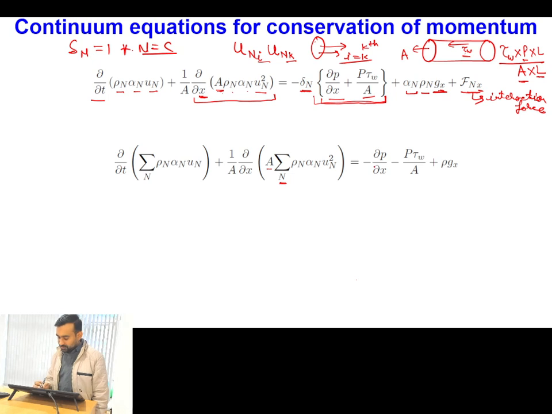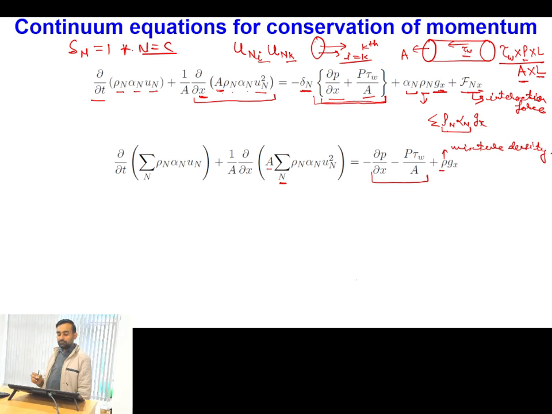So this term will be applicable only for the continuous phase, so it will come once here, and the summation of all interaction forces will be equal to 0. From this term I will get the summation of rho n alpha n into gx, and because gx is a constant quantity, the summation of rho n into alpha n will become the mixture density rho. Okay, so I can call this equation the combined phase momentum equation.